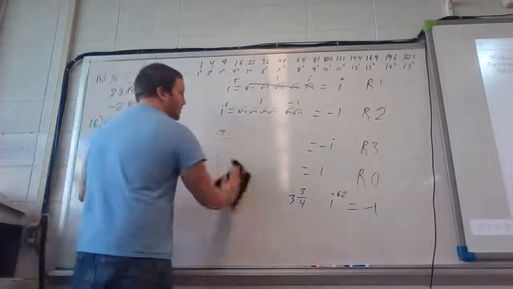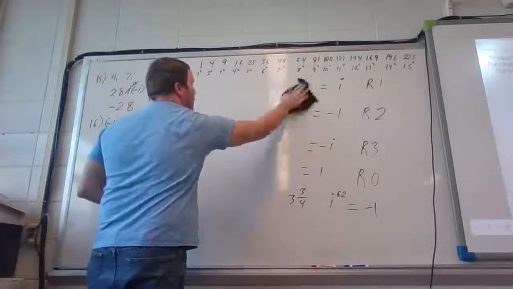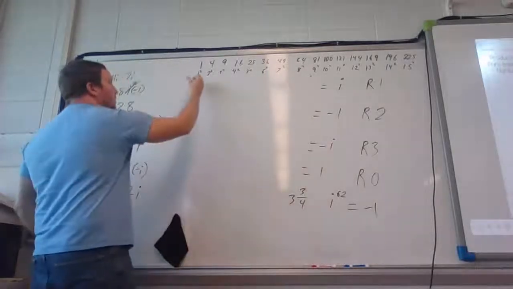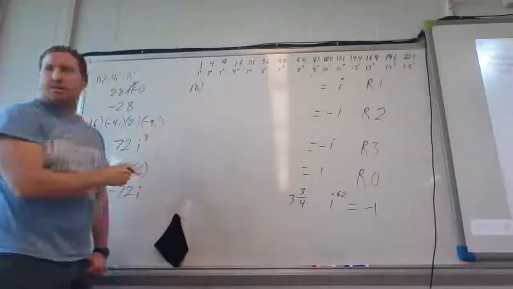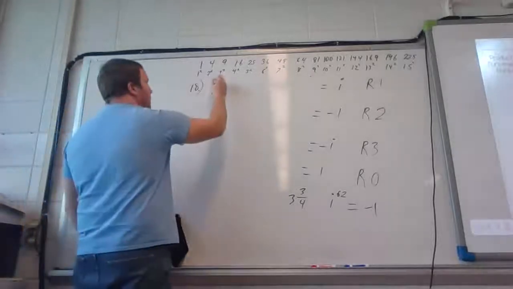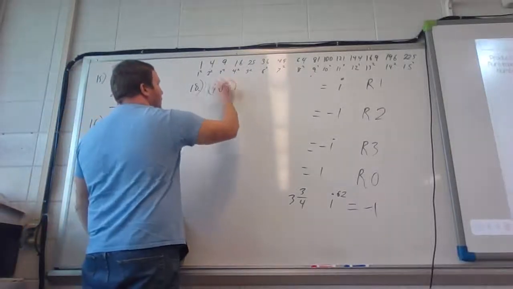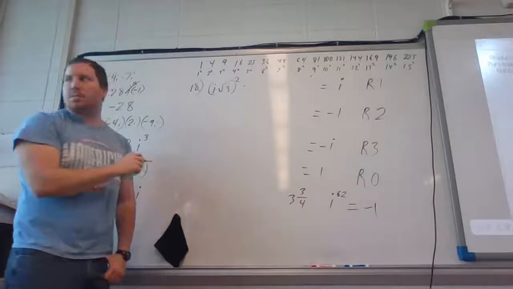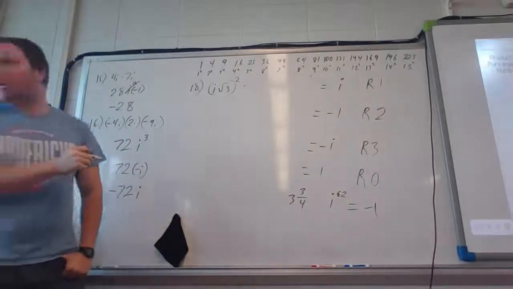18. So we have the square root of 3 squared times -8i squared.